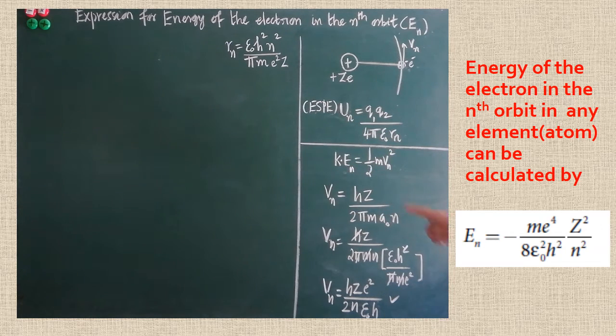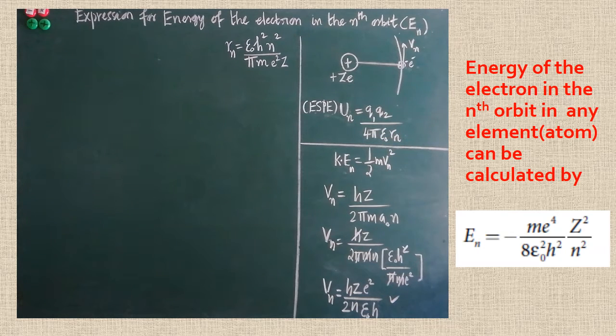Listen carefully. To calculate the electrostatic potential energy between the nucleus and the electron, this formula must be used. You have already learned this formula in the first lesson. To calculate the electrostatic potential energy in a two-point charge system, we use the formula Q1 Q2 divided by 4 pi epsilon naught Rn.